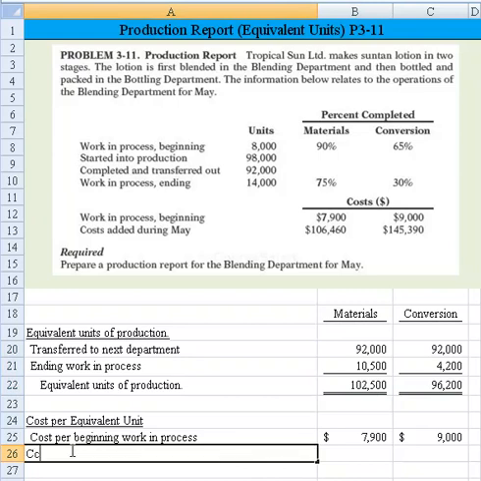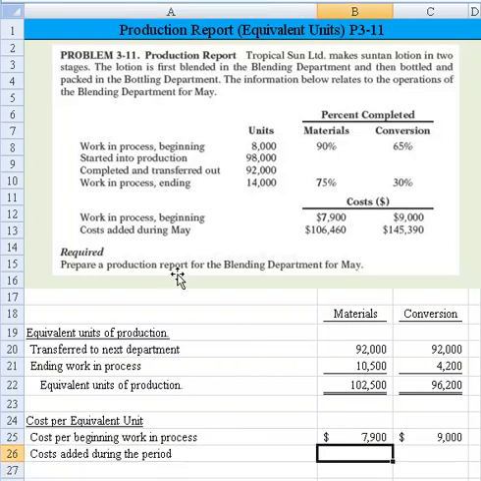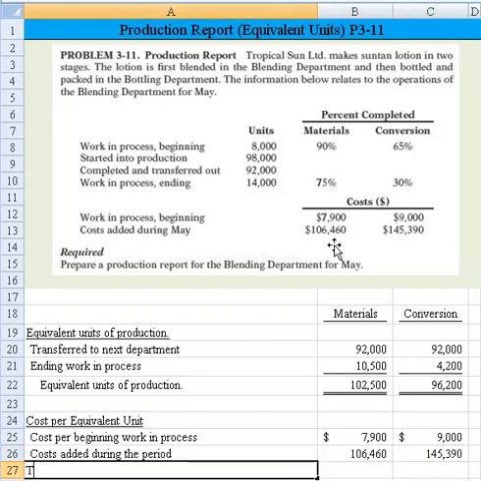And then we need to add in the costs added during the period. And the cost added, they tell us, is 106,460 and 145,390. Okay, so then we can compute the total costs.